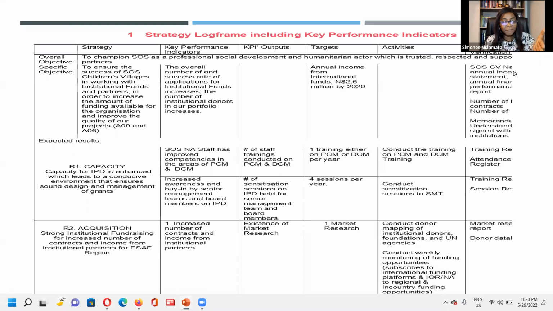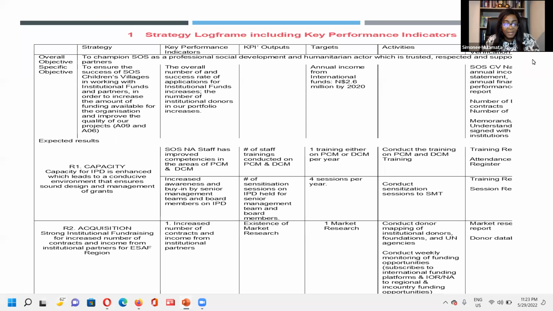Here on the left-hand side, you've got your overall objective, and then your specific objective. Overall will be to champion, let's say the organization is SOS, as a professional social development and humanitarian actor, which is trusted, respected, and whatever. And then you have your specific objective.